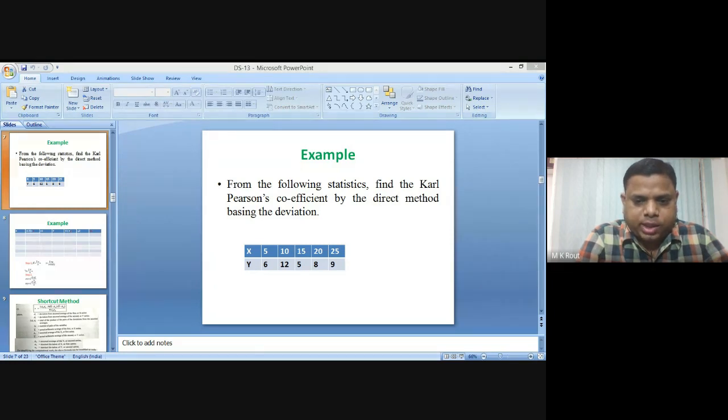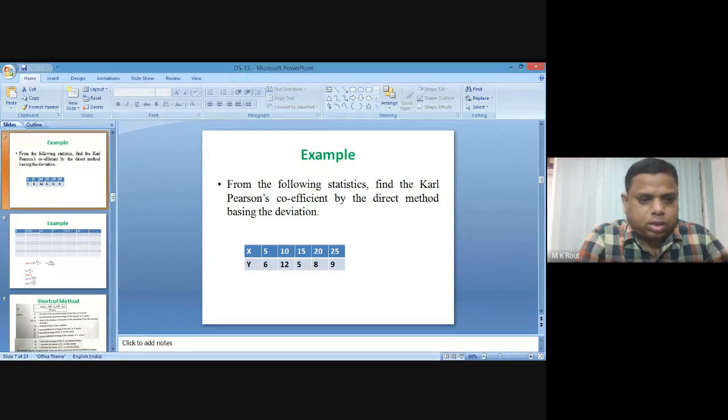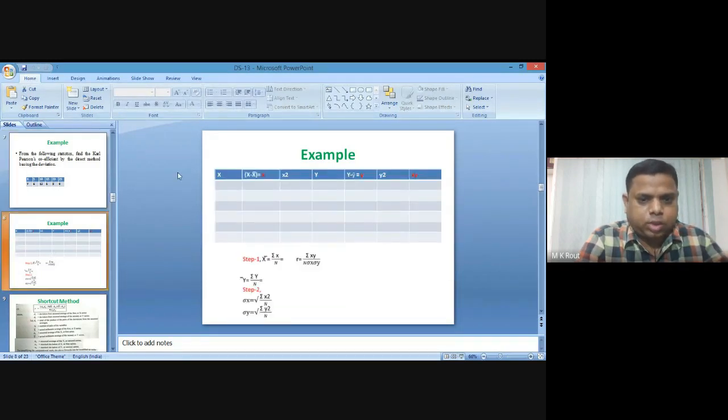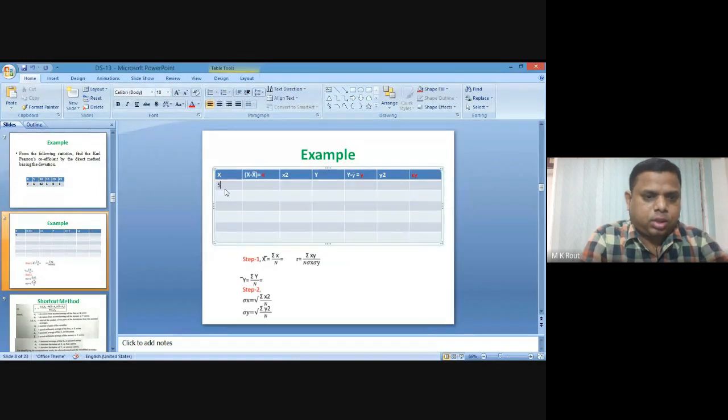Then moving to the second step, you have to calculate the standard deviation of x, that is sigma x, and the standard deviation of y. So I go to that one. 5, the next one is 10, the next is 15, the next is 20, the last one is 25.